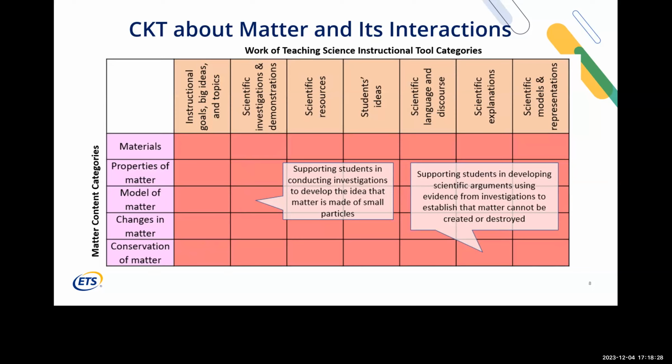On the left, the matter content categories include teaching about such topics as properties of matter, changes in matter, and conservation of matter, which are all topics addressed in the Next Generation Science Standards performance expectations. And on the top part of the chart, where we show those 7 different columns, each one indicates one of the 7 Work of Teaching Science instructional tool categories.